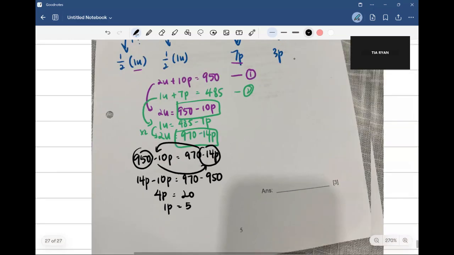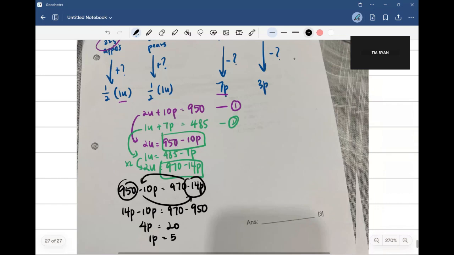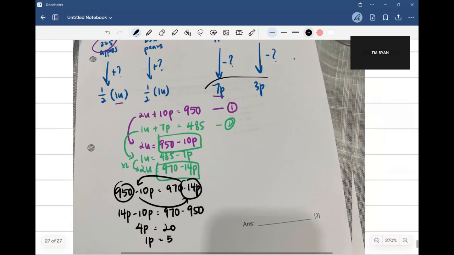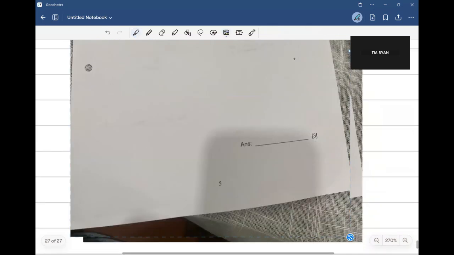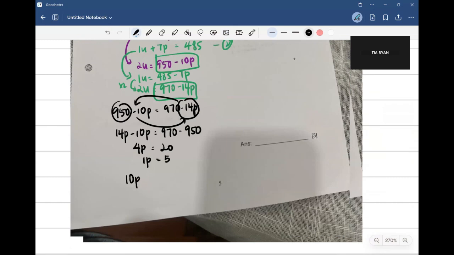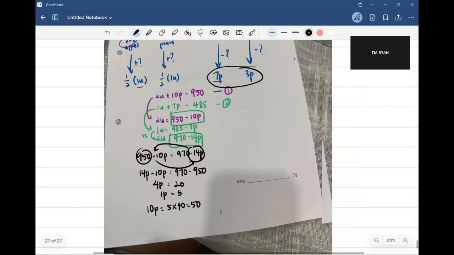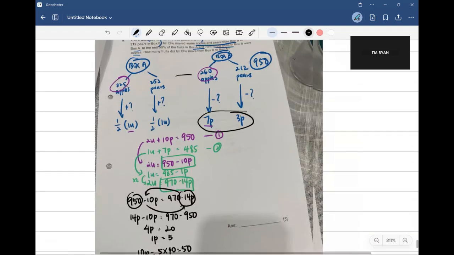I can find how many fruits there are in the end for box B, which is 10 parts, right? So box B has 10 parts, which is 5 times 10 equals 50. To find out how much box B gave away, at first box B had this amount. In the end, box B only had 50.